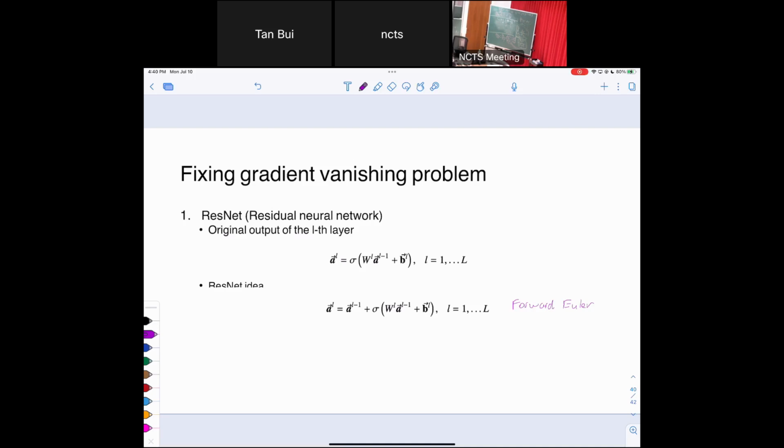This is the output of the L layer, and this is the output of the L plus one layer. If they don't have the same number of neurons, then there is a dimension mismatch, and we have a problem. So one of the conditions for ResNet is that all the layers have the same number of neurons, in order for this to make sense.